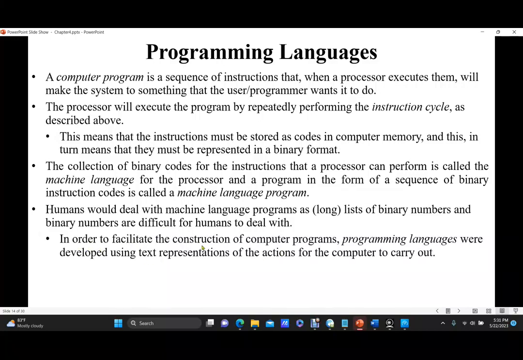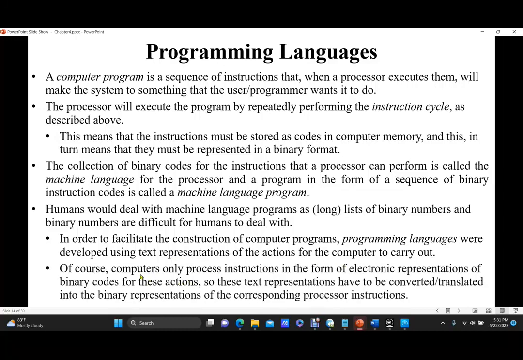In order to facilitate the construction of computer programs, to make it easier for humans to actually create them, programming languages were developed using text representation for the actions for the computer to carry out.